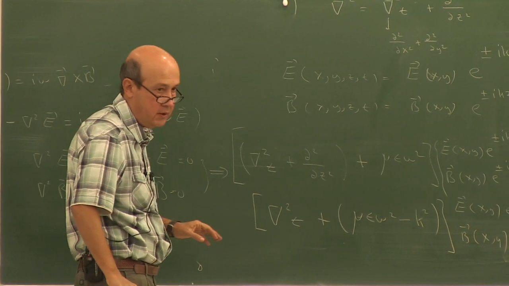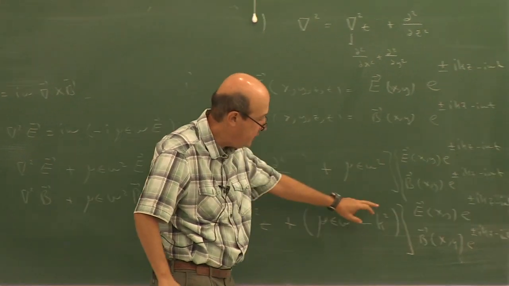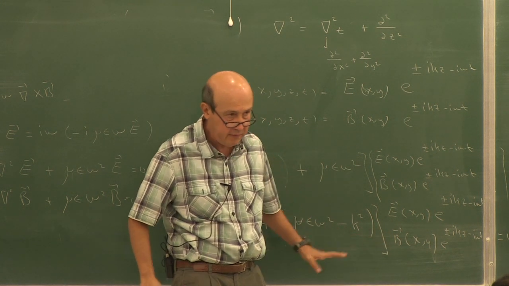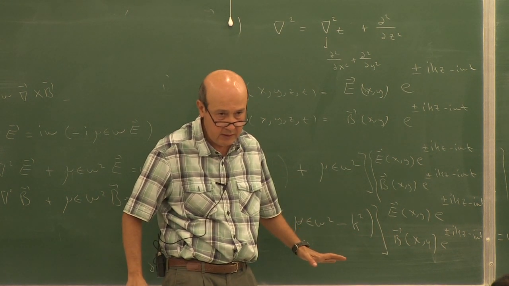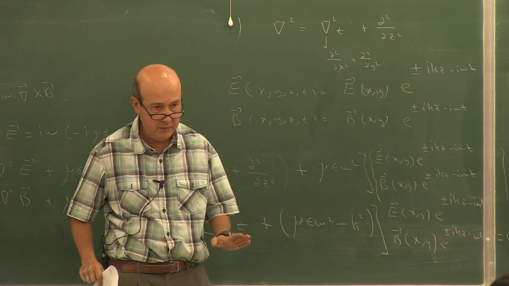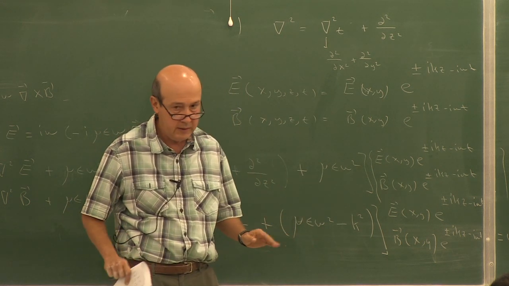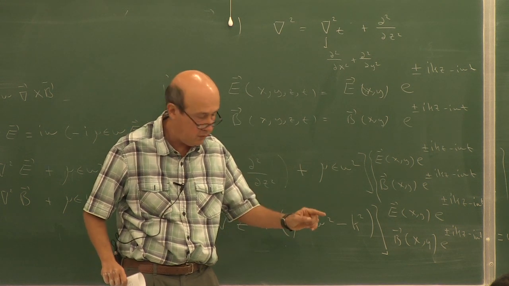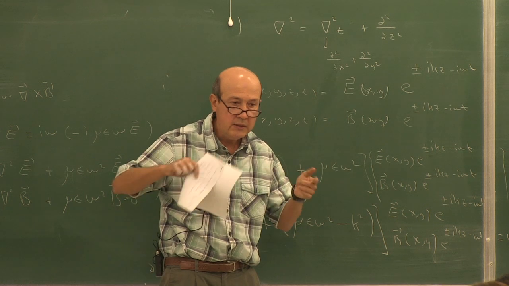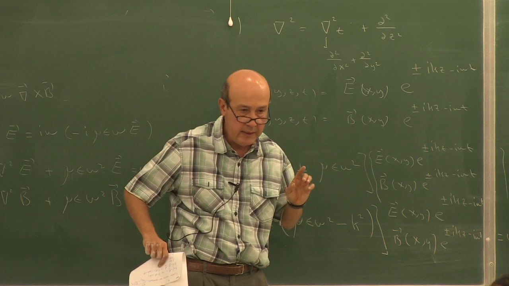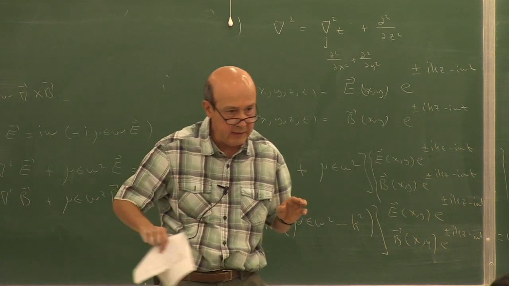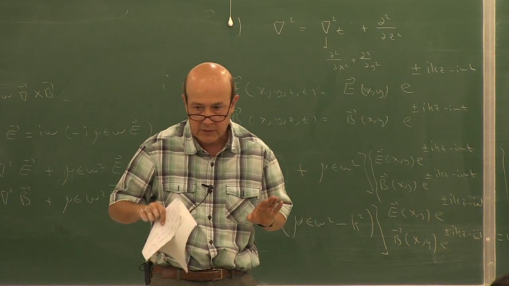Now, how many equations do we have? 3 for the electric field, 3 for B: 6 wave equations. We don't want to solve 6 wave equations. So the idea is the following. We will find the solution for the Z component, E or B, and we will show that the transverse components, XY, of the electric and magnetic fields are related to the Z component.